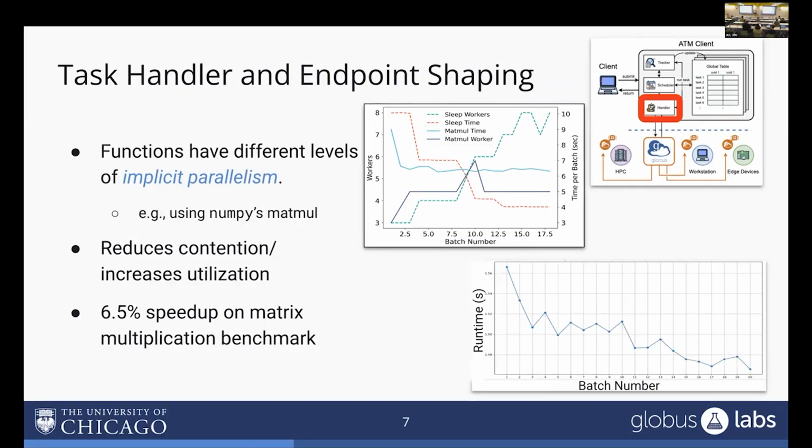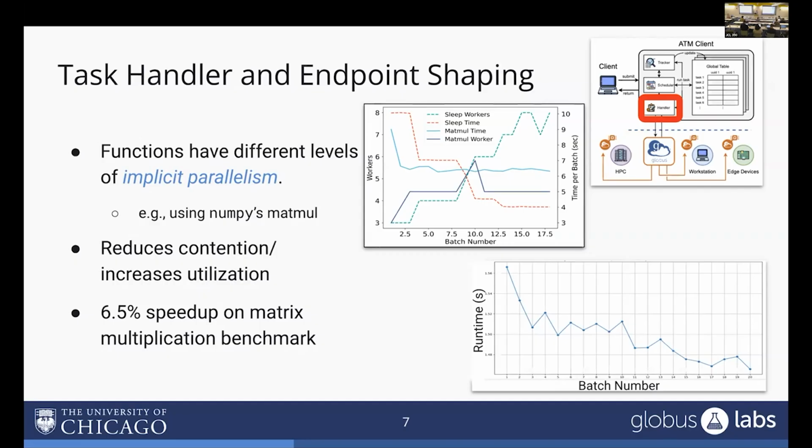We have a task handler that we've implemented that incorporates dynamic endpoint shaping. So this is using the Globus multi-user endpoints. I talked a little bit about this last year when this was more in its infancy. But effectively, users are inherently very bad at estimating what level of parallelism their workflows have for the most part.